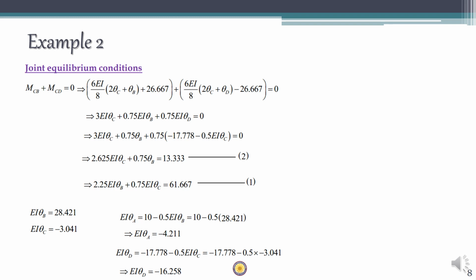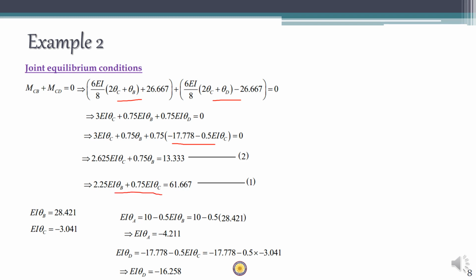The sum of both the support moments is taken as 0. We wrote what MCB and MCD are, and again wherever theta D was there, it was substituted in terms of theta C. Once we simplify that, we have another relationship between theta B and theta C.